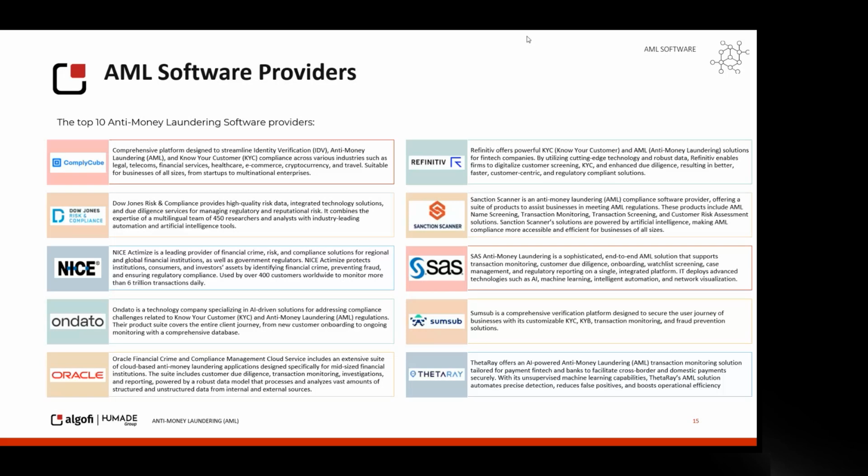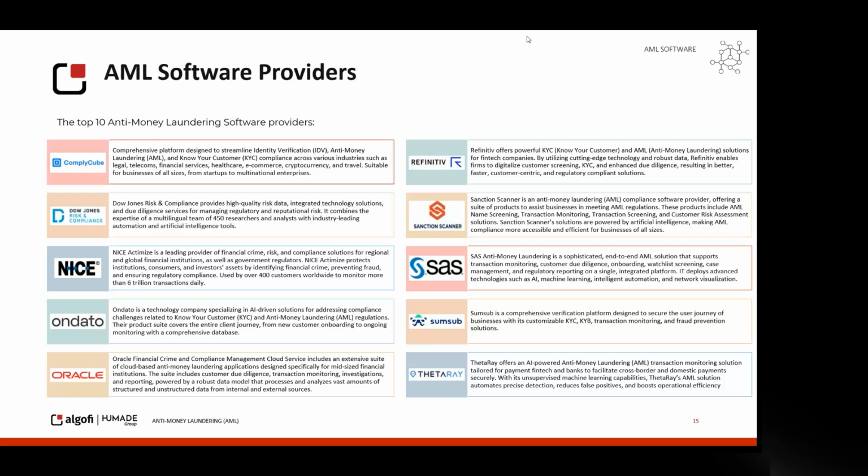Transaction monitoring in real time, so basically monitoring the transactions of the bank or whatever financial institution it is. And reporting, so a part about reporting suspicious activity reports to the reporting institutions.